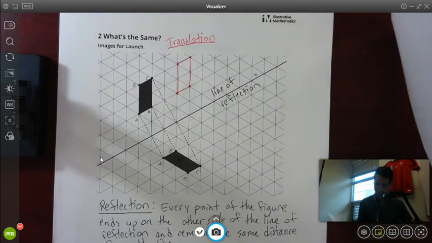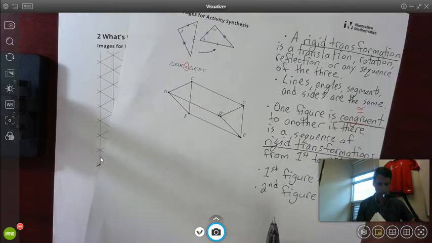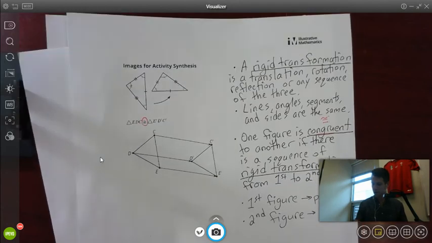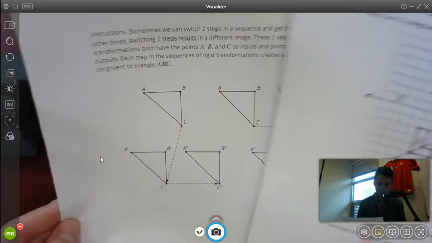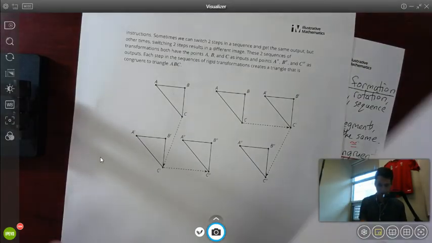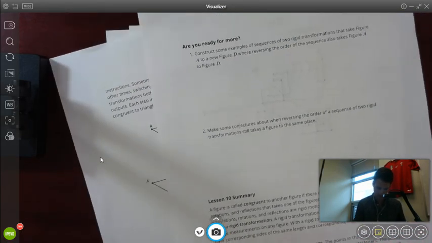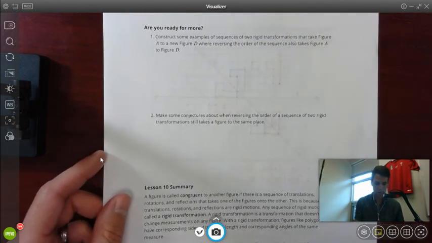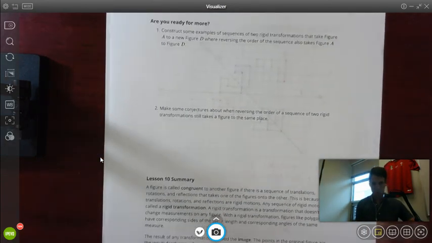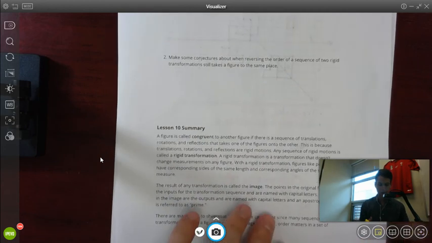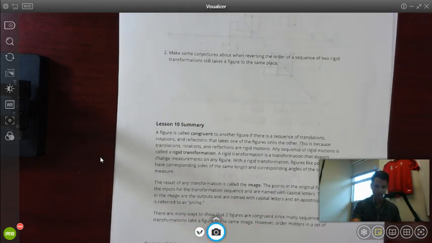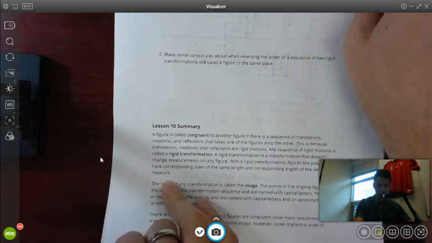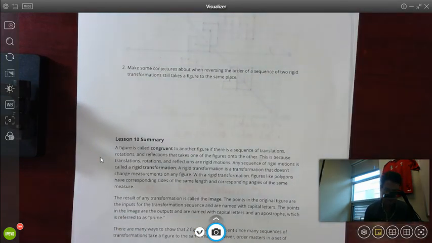And so lastly, we just want to look at some summary notes for this lesson and highlight some quick things. You've got to make sure that you are thinking about congruency, whether something is the same or not, and no matter what kind of translation, rotation, reflection, you're always creating congruent shapes, and it doesn't matter what the sequence is, it's still going to be congruent.